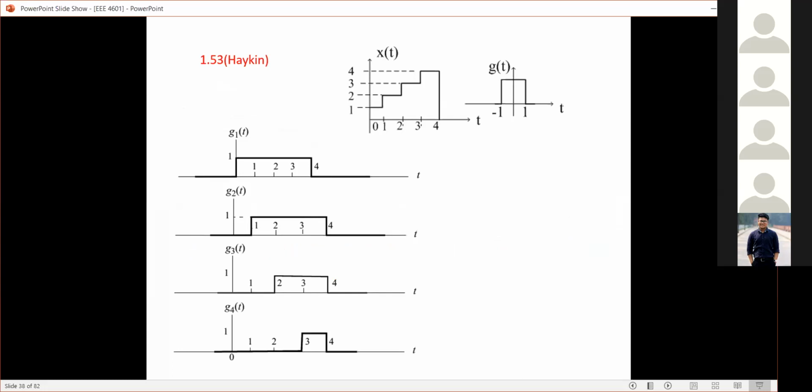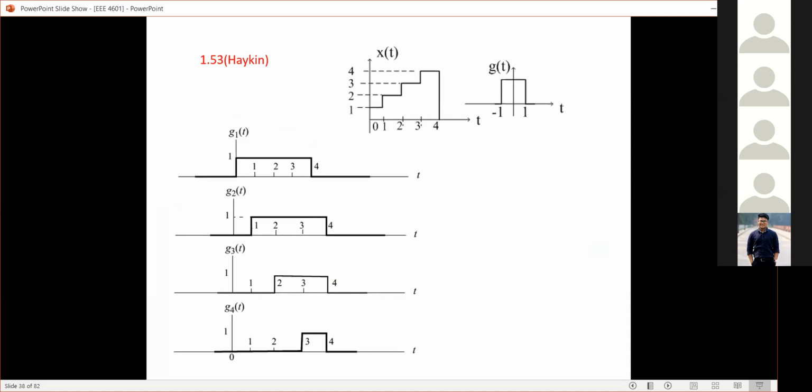This is simply a puzzle type of thing. For example, say you have been given a signal GT, and you have been asked to prepare the signal XT from GT.